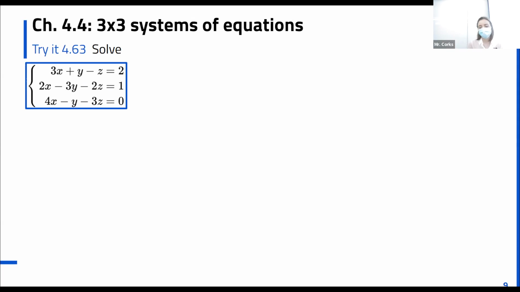Okay, let's try to solve it. So for us to be precise, we'll have the first equation, the second, and the third one. So the first step, you mixed the signs of y and z, but yes.